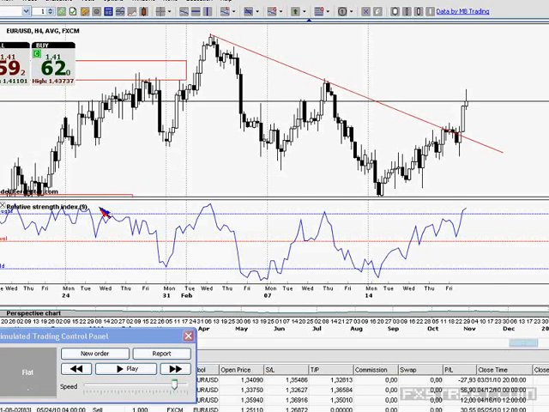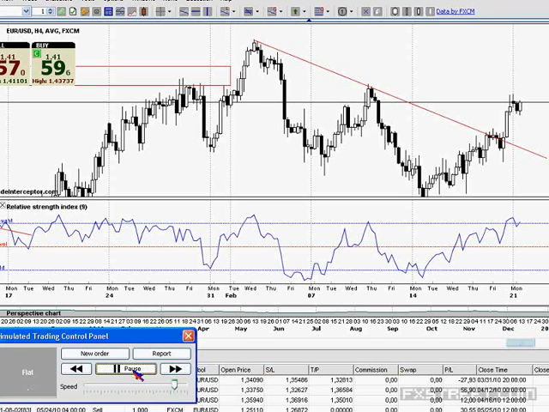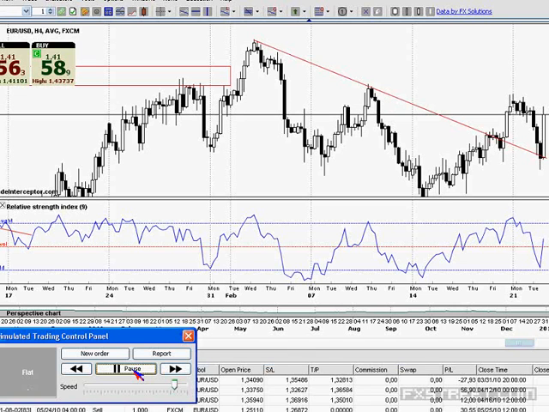I must also mention the fact that the RSI is comprised of 9 periods. Okay, slightly faster than the 14 periods as suggested by Wilder, the designer of the RSI.